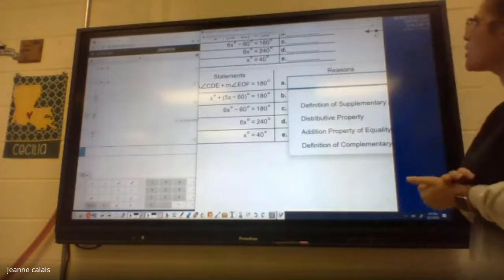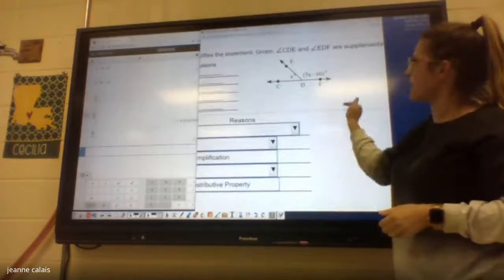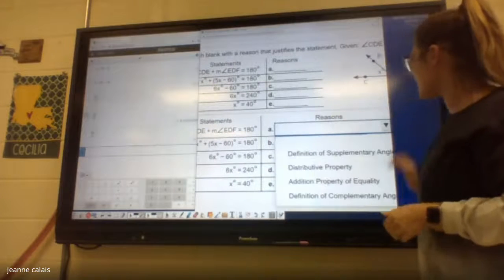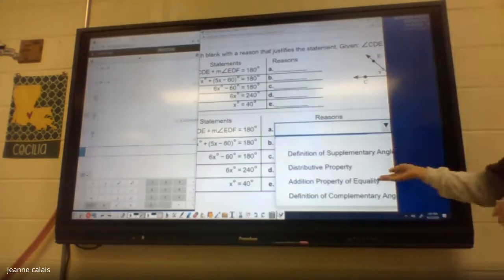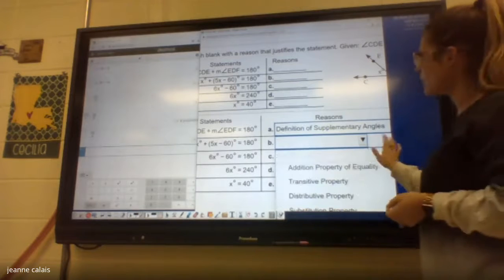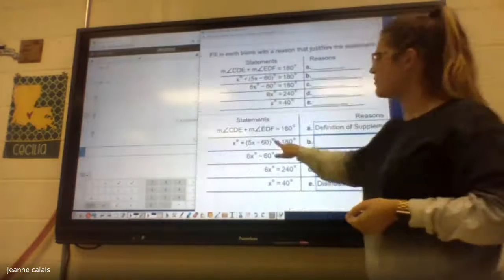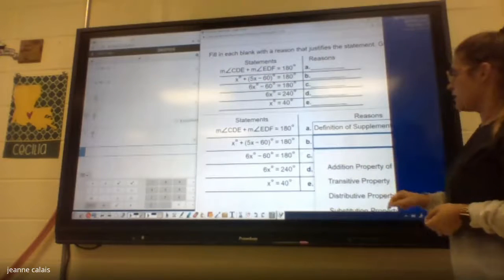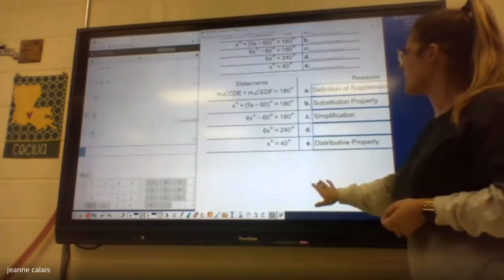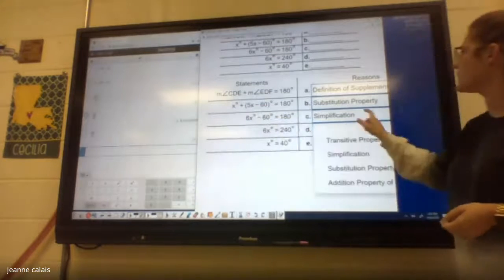All right, how do we know when it's a straight angle that they add up to 180? Well, let's see our reasons. Definition of supplementary, distributive, addition, complementary. No, definitely supplementary. What changed here? I had angles, now I have measurements, so we replace. That's substitution. I cleaned up my problem.